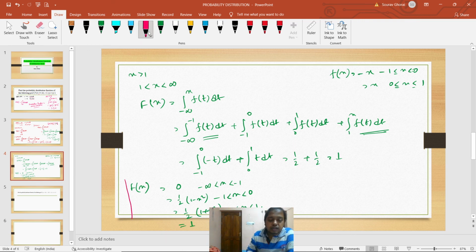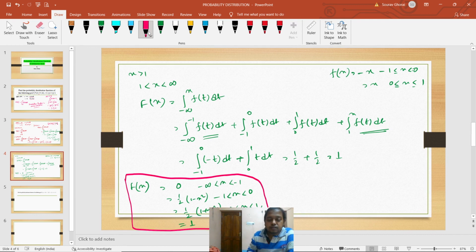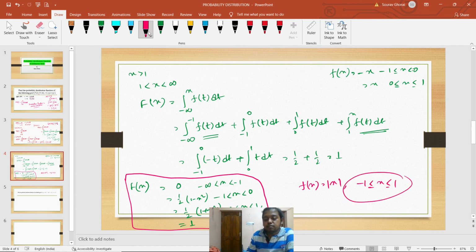So this is the probability distribution function of a continuous function f of x equal to mod x, which is defined over minus 1 less than or equal to x less than or equal to 1.